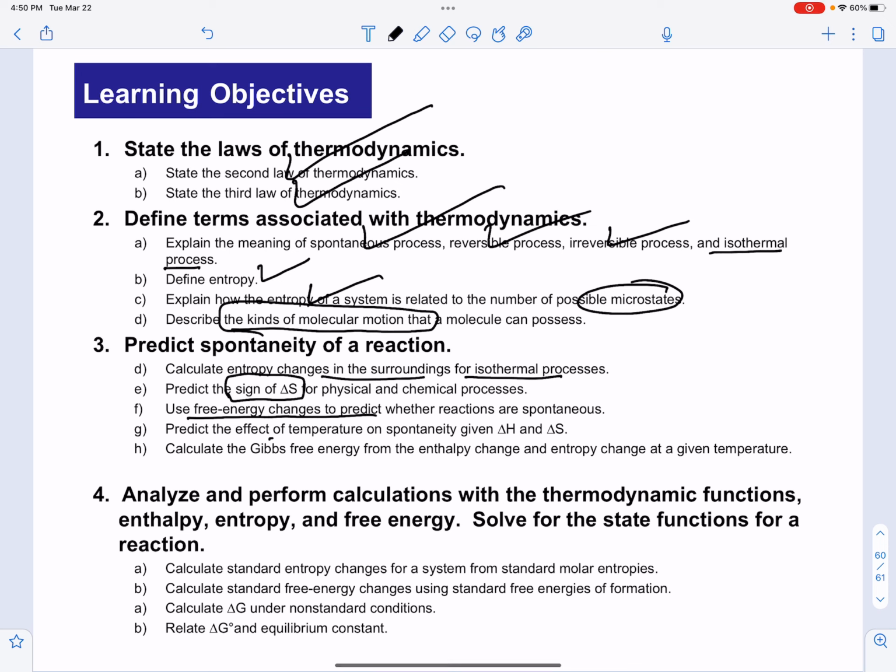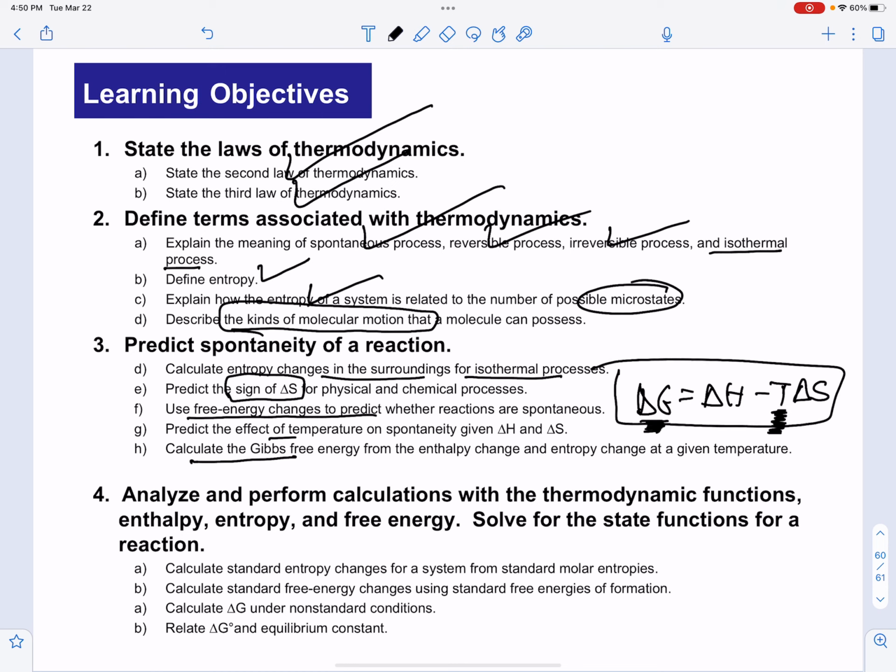We saw how by using delta G equals delta H minus T delta S, we can relate temperature to the spontaneity of the reaction, and we can say this reaction can happen only at high temperatures, or this reaction can happen only at very low temperatures. And then we saw how we can calculate delta G from the enthalpy and the entropy, and then everything else that we just did.